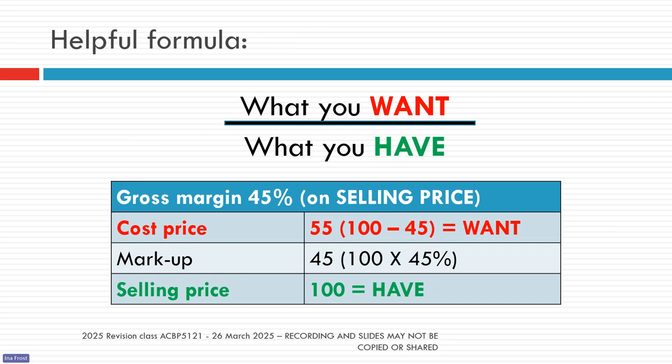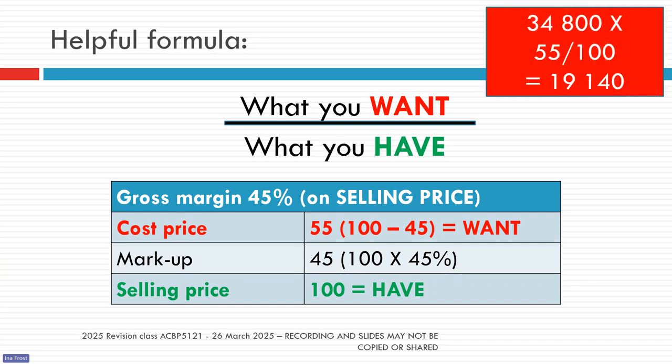So again, we can do our what-you-want-over-what-you-have. This time the selling price is going to be the 100. The markup is still the 45%. And now our cost price is the selling price minus the markup, and that's how I get to my 55.